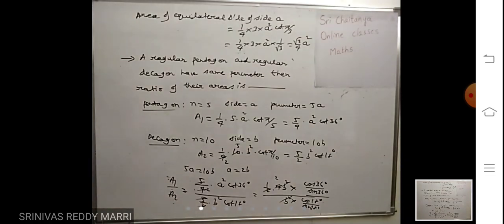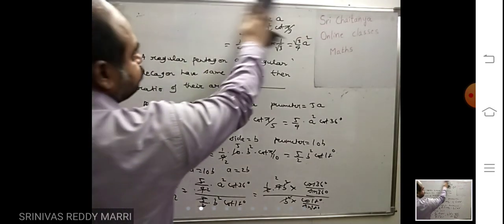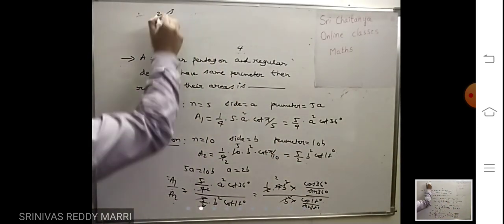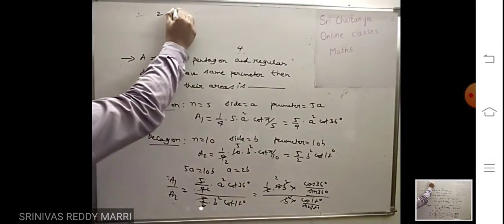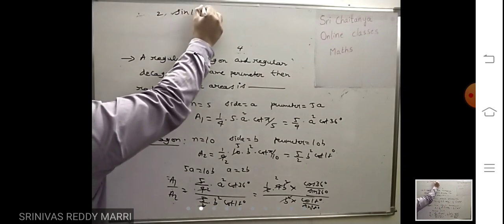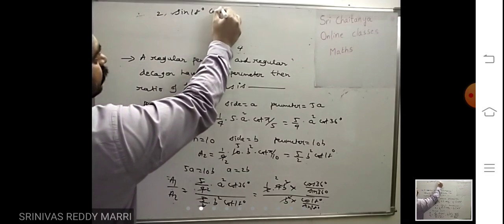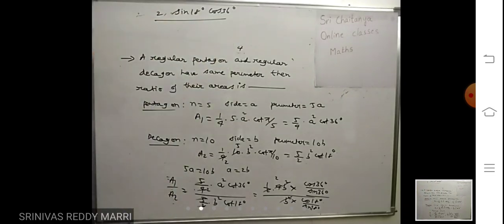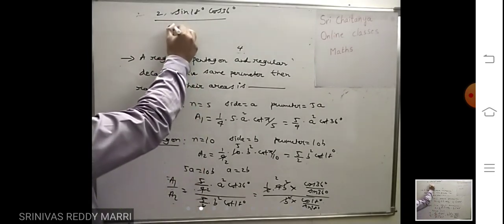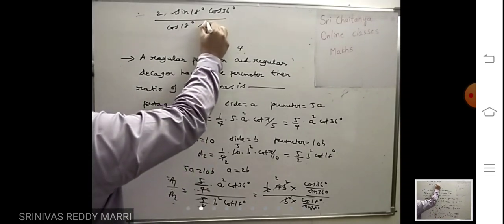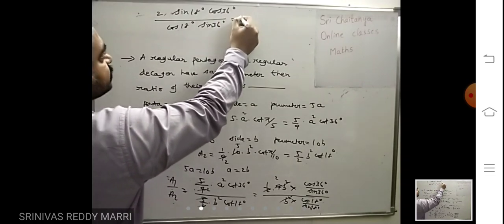So therefore 2 into, this sine 18 will come to the numerator. 2 into sine 18 degree cos 36 degree divided by cos 18 degree into sine 36 degree.